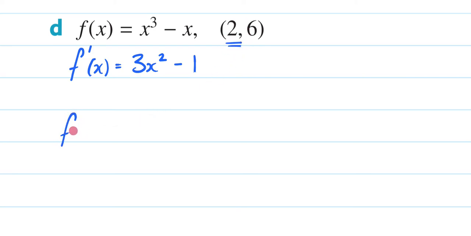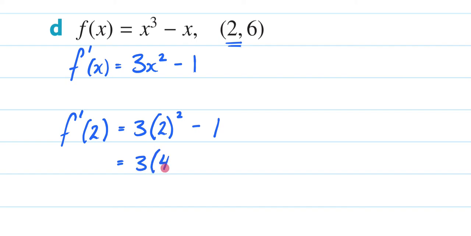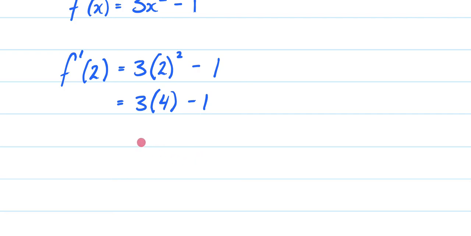So that means I'm going to get f dash 2 equals 3 times 2 squared minus 1, which is going to be 3 times 4 minus 1, which is going to be 12 minus 1, which is going to be 11. Let me now highlight that. That is my final answer.